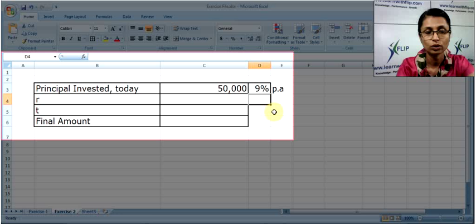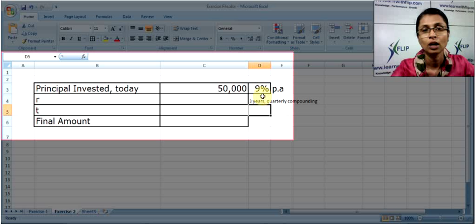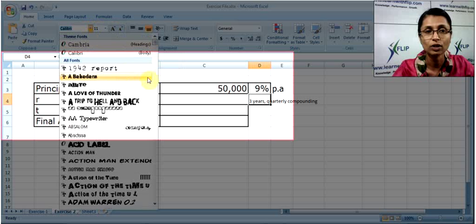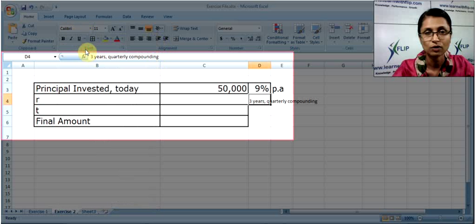So 3 years and quarterly compounding is the information that you have been given. Therefore, it is obvious that what we've been asked for is the future value.